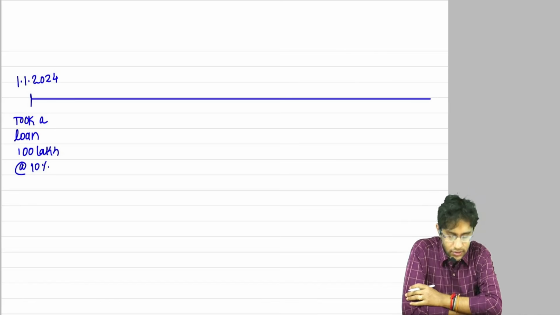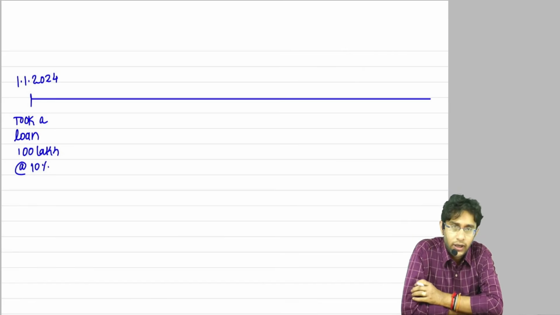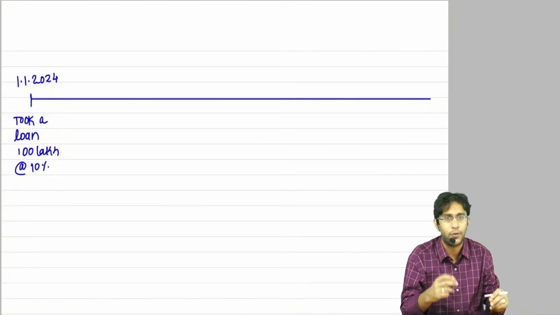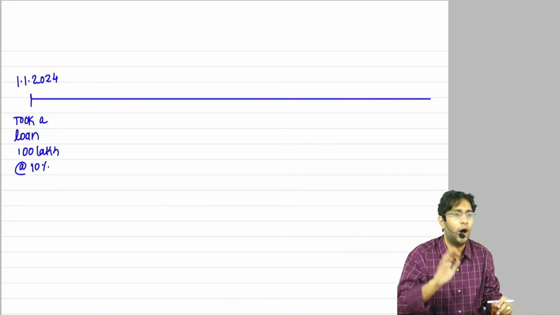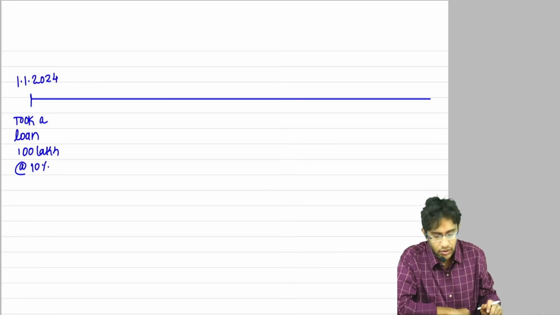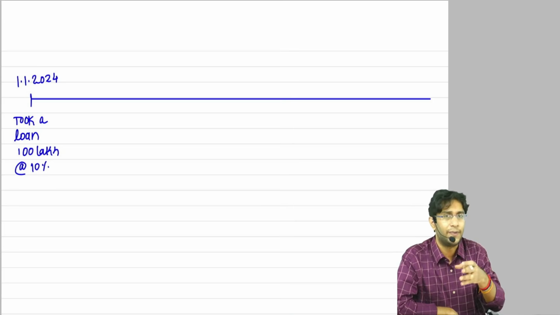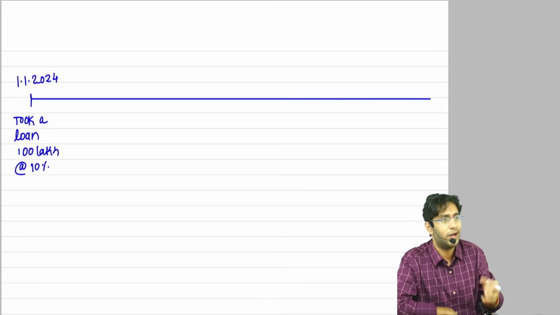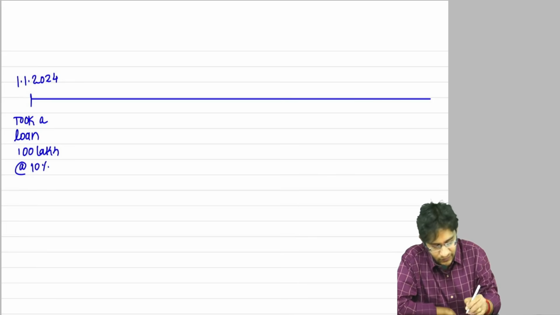Some fellow told him, sir, who asked you to take a loan right now? This is not an auspicious time to start work. If you start this work right now, the project will be halted forever. Don't do it now. When should I do? Start on 1st April. From 1st April onwards, you start the work, but don't spend the money till 1st of June. Some astrologer told, and this fellow followed that.